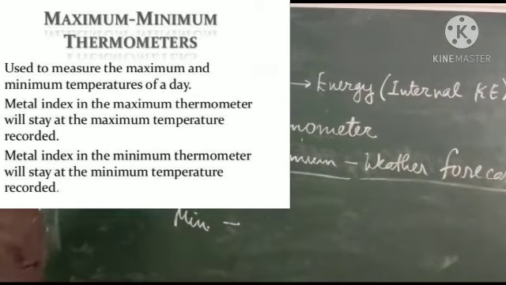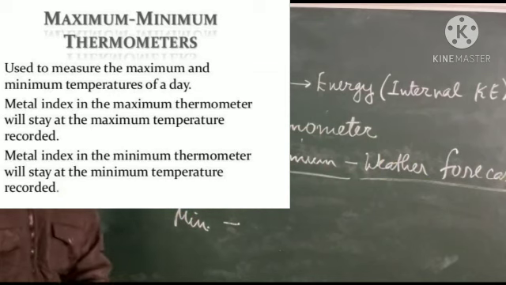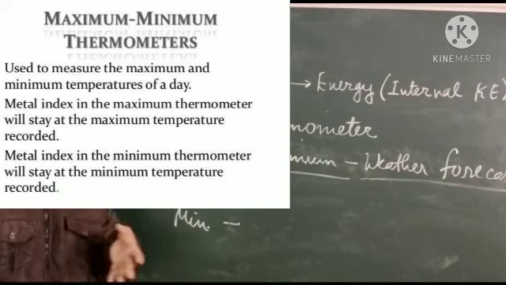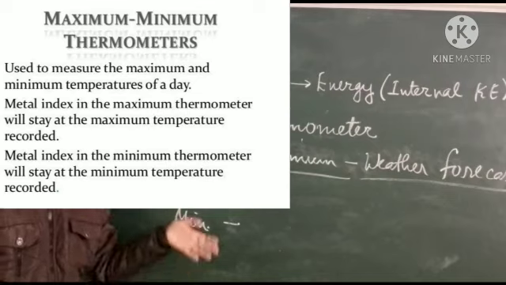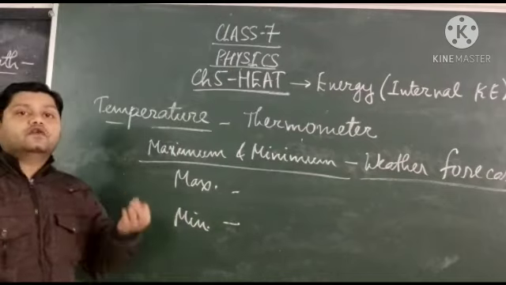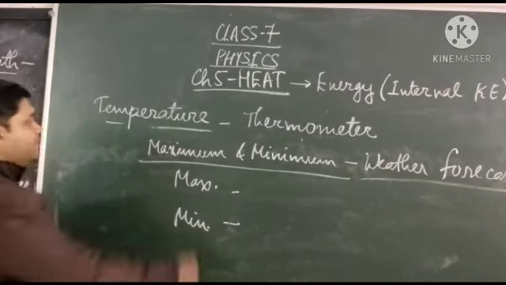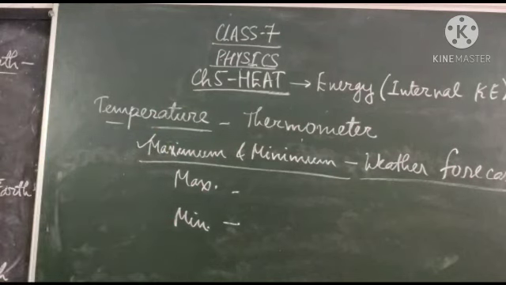It can record the maximum temperature and minimum temperature of the place. In the news we come to know that this was the minimum temperature, this was the maximum temperature. Nowadays it is extremely cold. So the minimum temperatures of Leh, Ladakh, Kargil, Srinagar, Manali, Kullu, we all come to know what the minimum and maximum temperatures were. That is recorded by the device named the maximum and minimum thermometer.